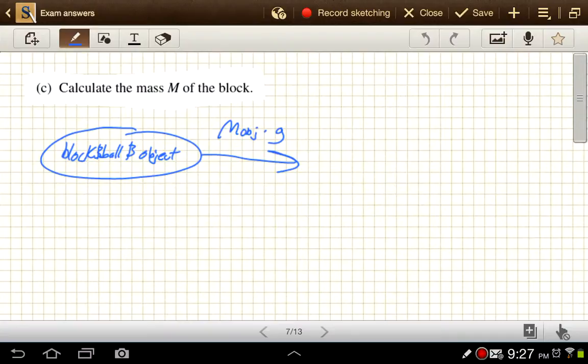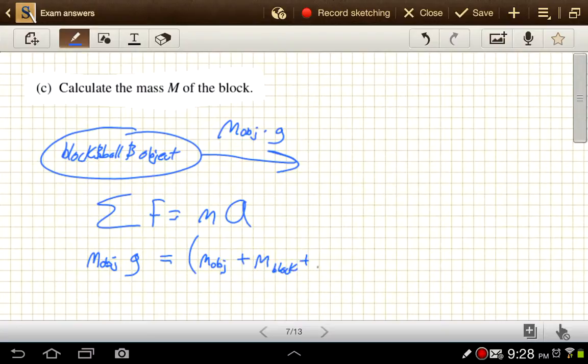So now we use Newton's second law. Net force is equal to mass times acceleration. Our net force, the only force acting on this, is the mass of the object times gravity, and that's equal to the mass of the object plus the mass of the block plus the mass of the ball. All of those things have to be accelerated times their acceleration.